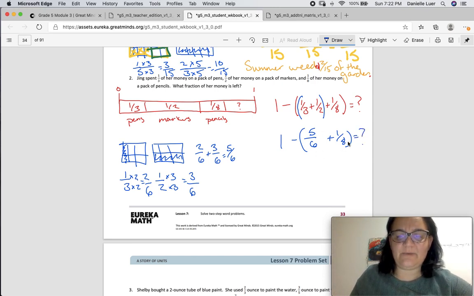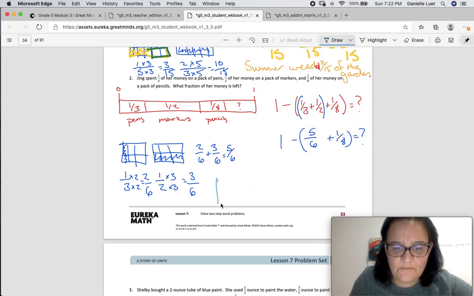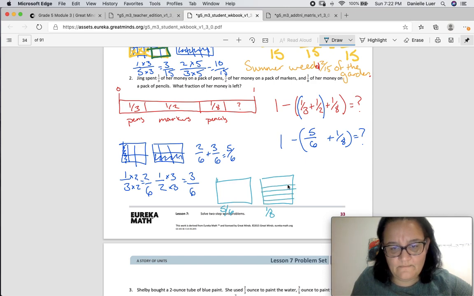Now I have a second problem. 5 6s plus 1/8. Switch colors for the second part of this problem here. Okay, so I want this to be 5/6, and I want this one to be 1/8. 1, 2, 3, 4, 5, 6, 7. 1, 2, 3, 4, 5, 6, 7.